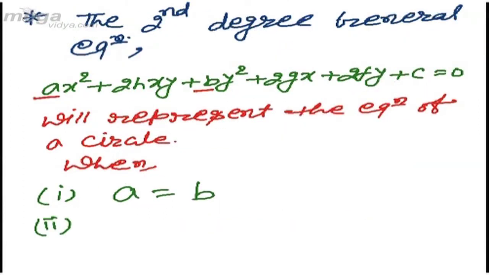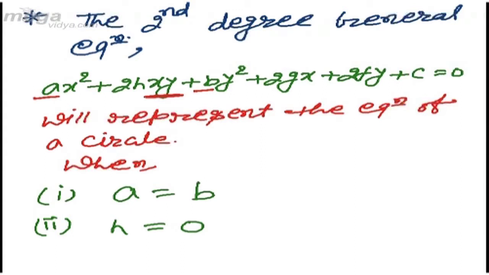So the coefficient of xy will be 0, so we write h is equal to 0. So student, this is the condition when a general equation of second degree will represent the equation of a circle.